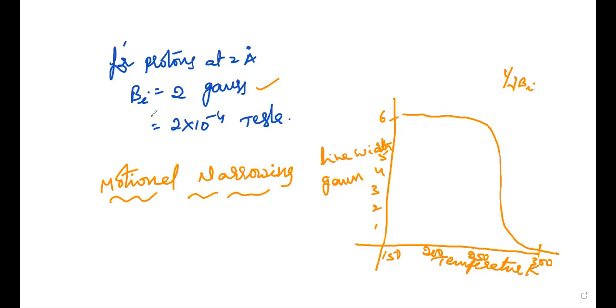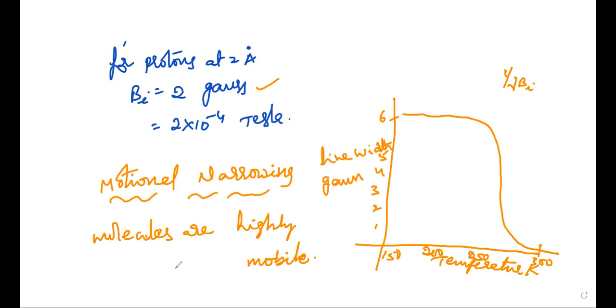The motional effects on line width are even more spectacular in normal liquids, because the molecules are highly mobile.